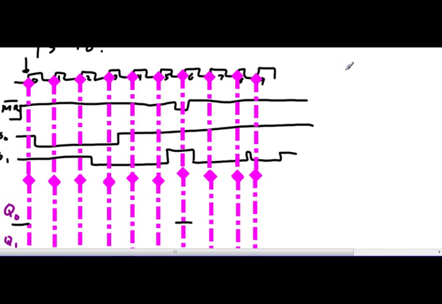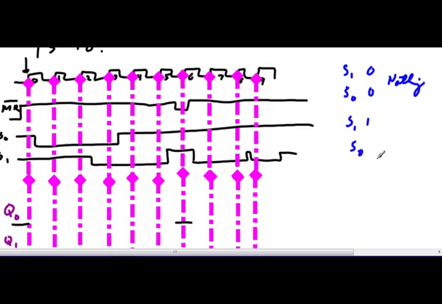So S1, S0. When both are 1, 1, nothing. Actually, those are lows, an L for low, not a 1. So when it's 0, 0, nothing happens.